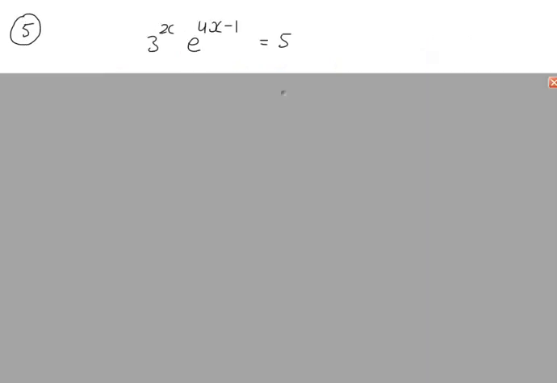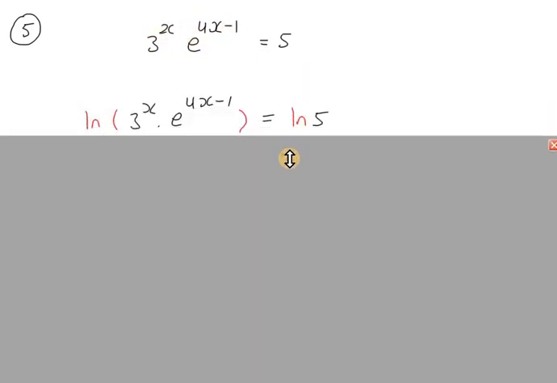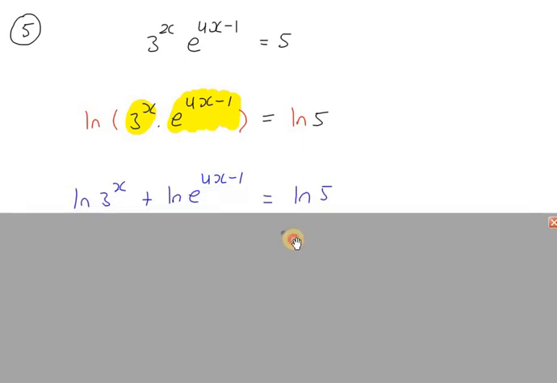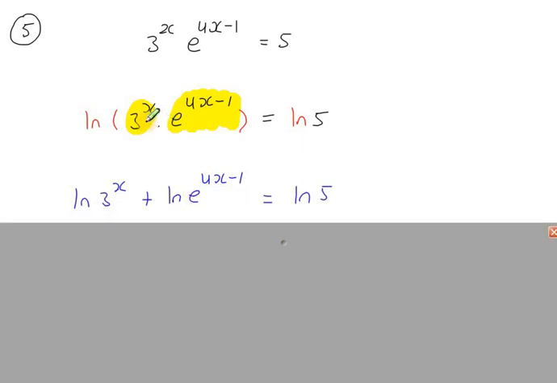To solve for x, the bases are different, so we can't add the indices here. I've taken natural logs on each side, and I'm multiplying the 3x here with the e to the power of 4x minus 1, so I can use the multiplication rule for logs to split this up into two separate log terms. And here we have a ln and an e next to each other.